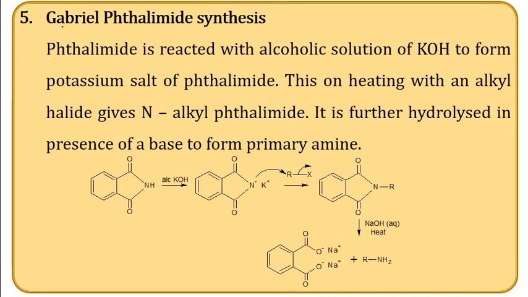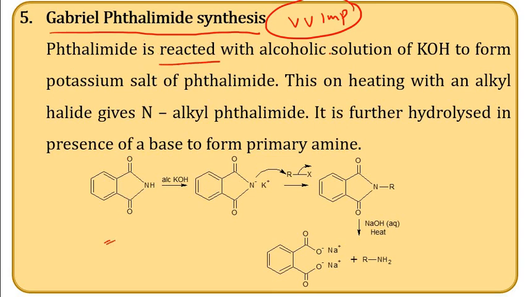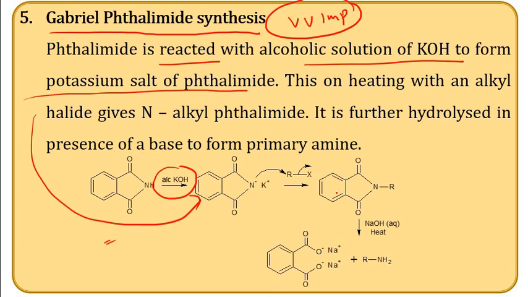This is the fifth one, the most important one, Gabriel phthalimide synthesis. Very, very important for the coming exams, whether board exam or competitive exam. Gabriel phthalimide synthesis is best used for the preparation of alkyl primary amines. In this, we take phthalimide, which is treated with alcoholic solution of potassium hydroxide to form potassium salt of phthalimide.